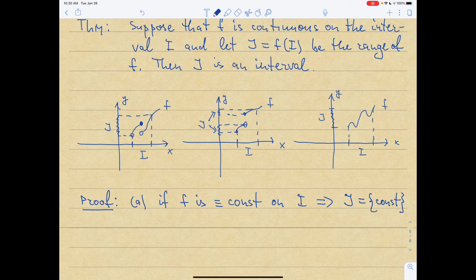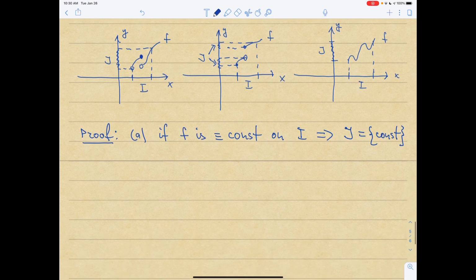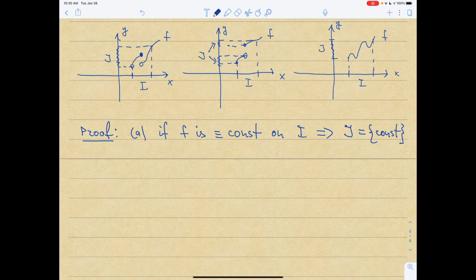It will be a single value, which is the value of the function on the interval. And so then we're done, right? Because a single point is an example of an interval of length 0.